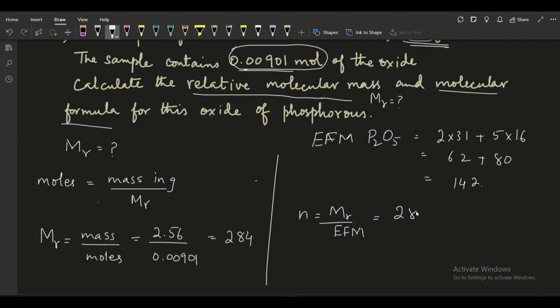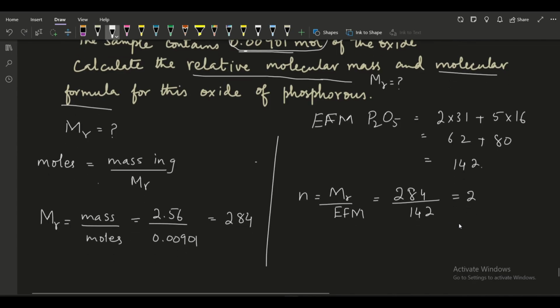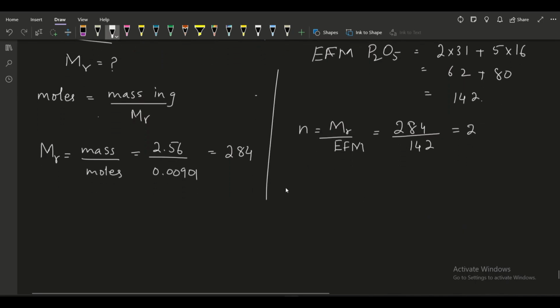It means 284 divided by 142. Your answer would be 2. Now you can easily calculate the molecular formula. The molecular formula is equal to n multiplied by the empirical formula. The value of n is 2.